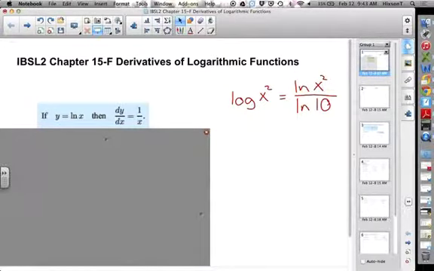Anyways, you'll notice here, if y equals the natural log of x, then the derivative is 1 over x. So this is kind of nice. There's no real formula or anything that you've got to plug it into. You just have to memorize it. Derivative of natural log of x is 1 over x.